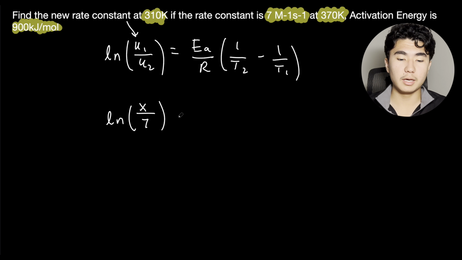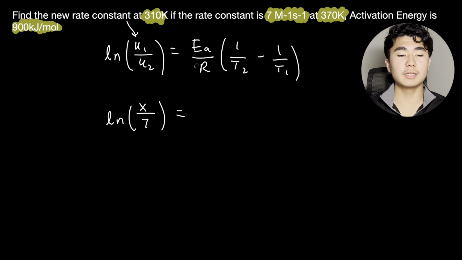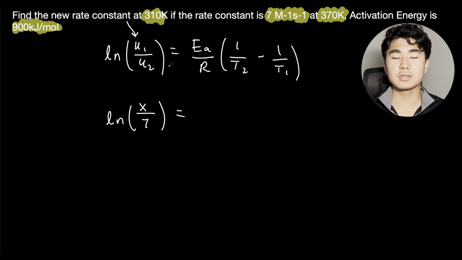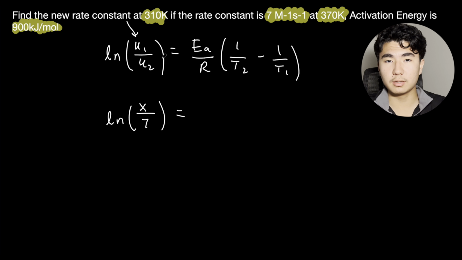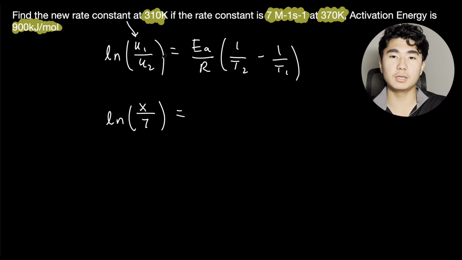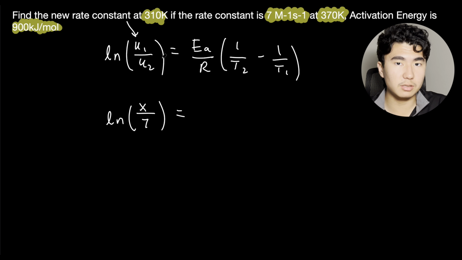For the activation energy, it's in kilojoules, but our universal gas constant is in joules. So we could go one of two ways. We could convert the kilojoules of the activation energy to joules, or convert the joules of the universal gas constant to kilojoules.